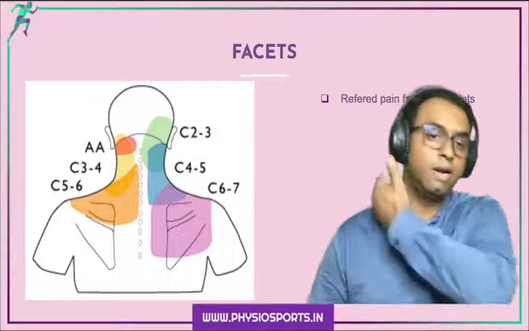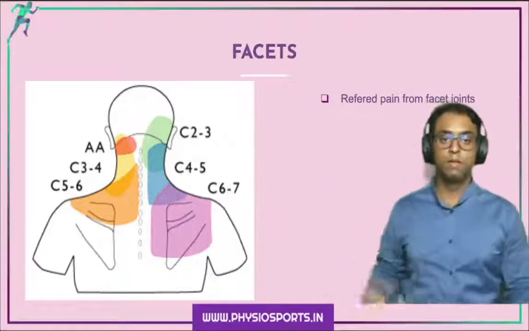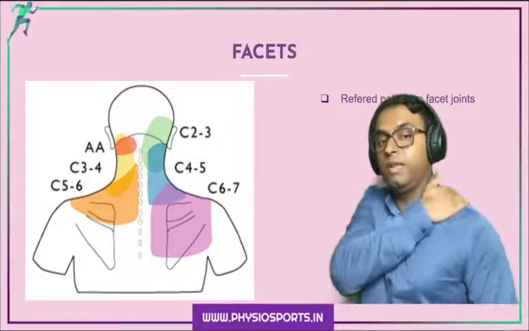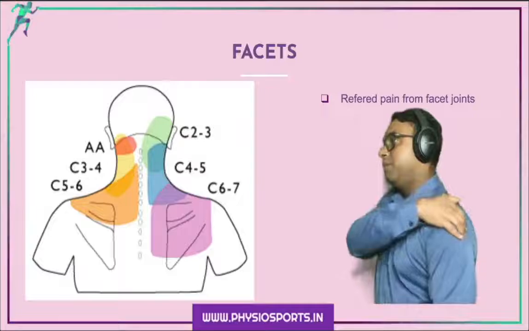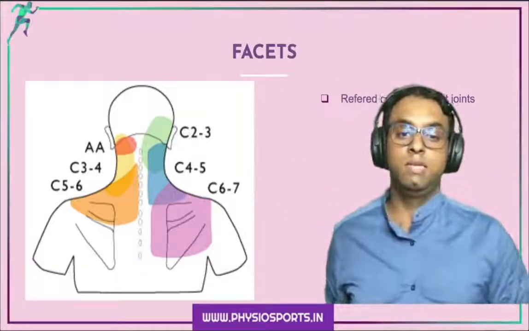Below it, the lateral aspect of the neck, shown in the blue portion, refers to C4, C5. Now the posterior shoulder and the subscapular portion, the posterior portion of the scapula, C6, C7.